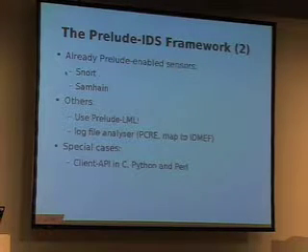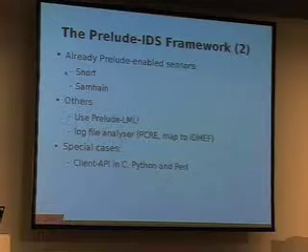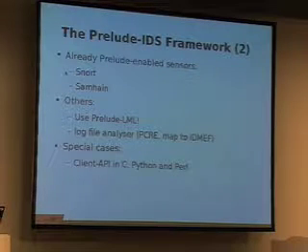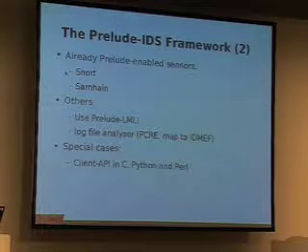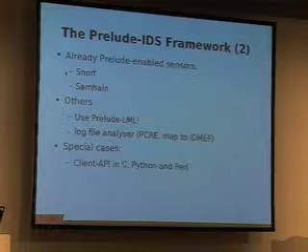Other sensors that have still no support for Prelude can be utilized by the Prelude LML sensor, which is a very special sensor because it is able to parse log files, is configurable by Perl-compatible regular expressions, so you can grab the information you want out of the log files and put them into an IDMEF structure and pass this to the Prelude Manager.